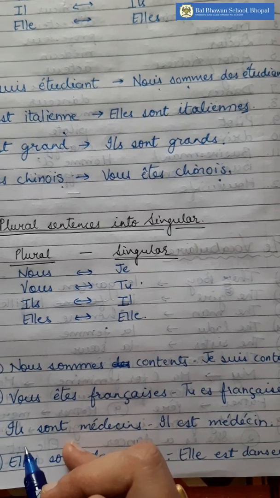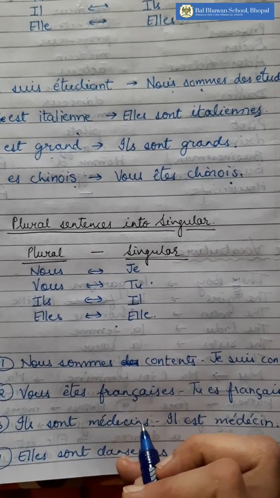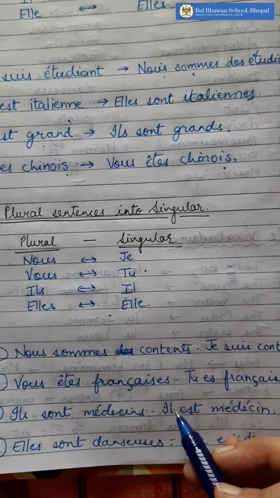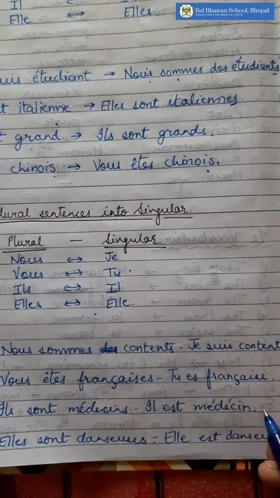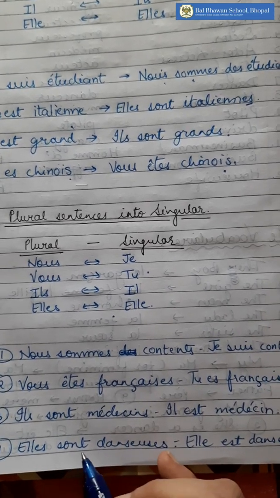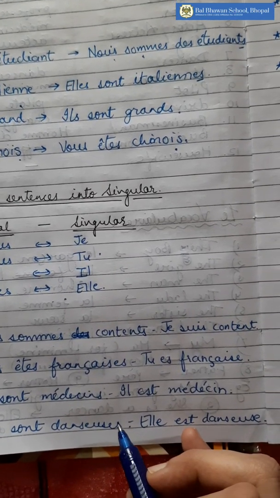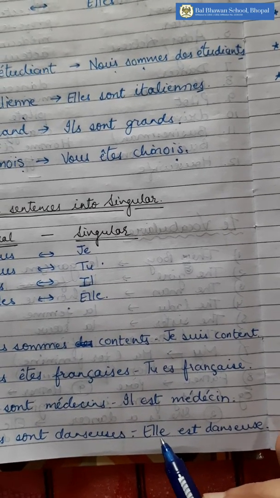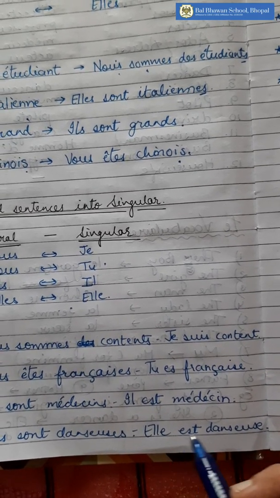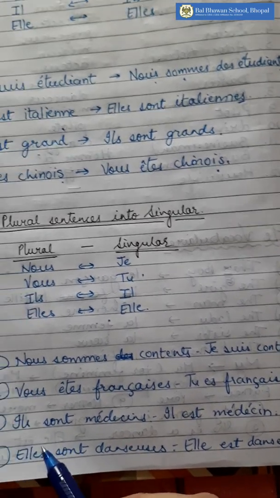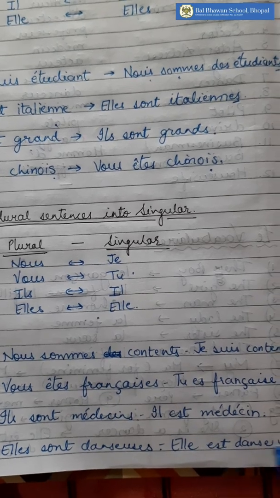Okay, ils sont médecins, they are doctors, so they will become he, il est médecin without s. Okay, and elles sont danseuses, they are dancers, so it will become elle est danseuse, she is a dancer. ठीक है, so we are converting each and every word into singular here.